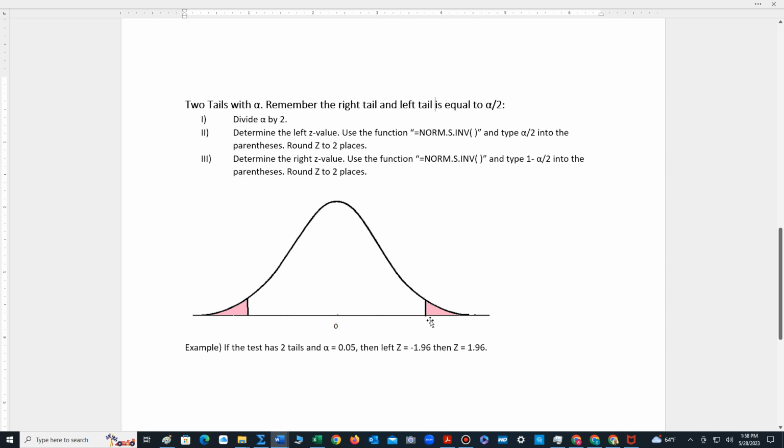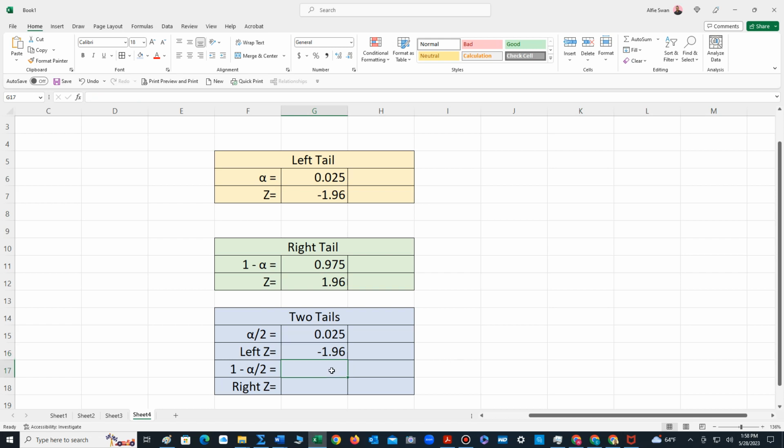Now to get the right critical value, remember this right tail area is half of alpha. So to get the entire area to the left, we need to calculate 1 minus alpha over 2. And then we will insert that into our function to calculate the right critical value. So let's compute 1 minus half of alpha.